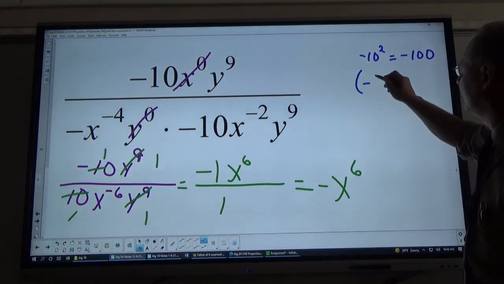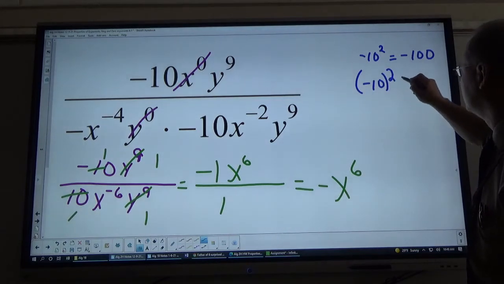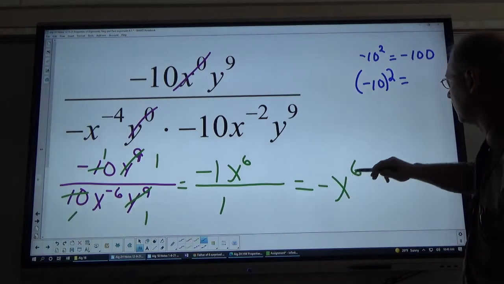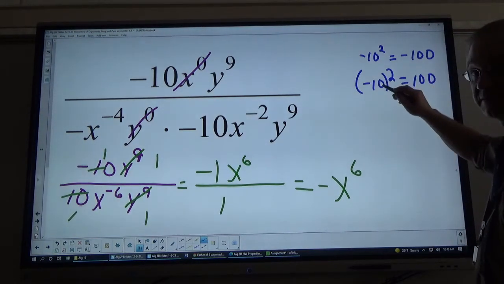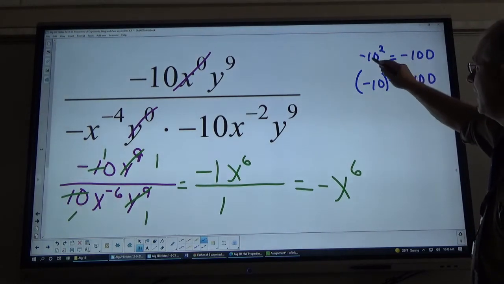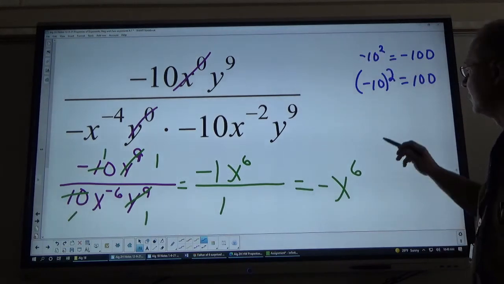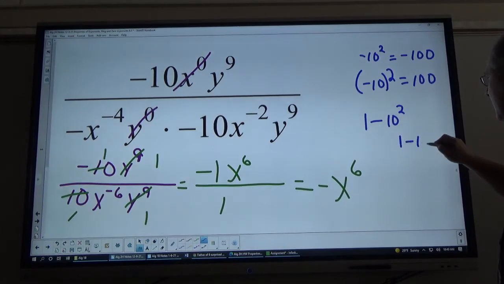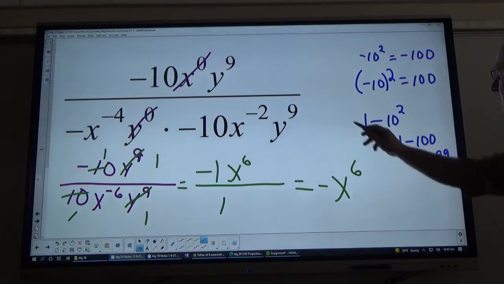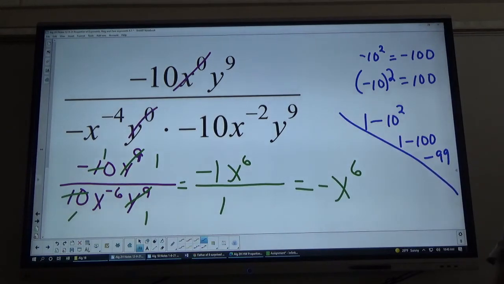The only way you have that happen is if you have parentheses, a square, positive 100, because it's negative 10 times negative 10. This power happens before you apply the negative. Think of it this way. 1 minus 10 squared is 1 minus 100, or negative 99, right? So that's something you can just think about as to why it works the way it does.